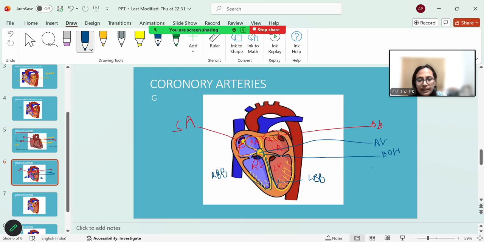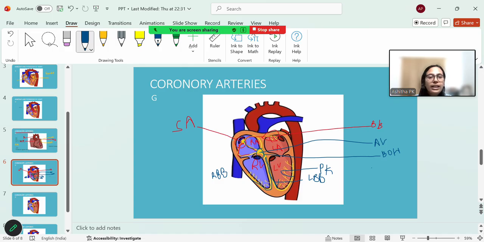The Purkinje fibers conduct this impulse to the whole right and left ventricle. This is the pathway.